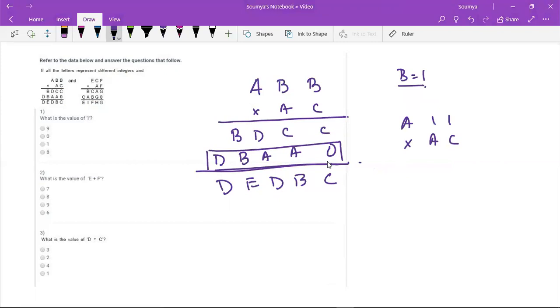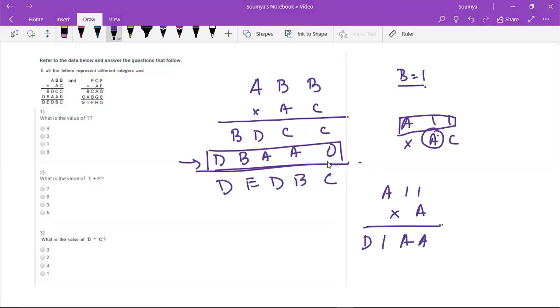Where is this row coming from? It is coming from A11 times A. So we can say that A11 when multiplied by A will give us DBAA. Now forget about this A, because that will anyhow come from A into 1 and A into 1. But then what about this D and B here? We already know that B is 1, right? So here there has to be a 1 and there has to be a D here.